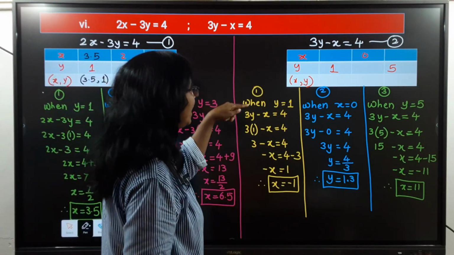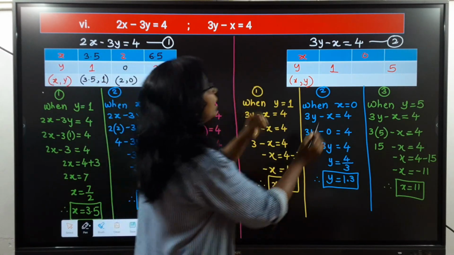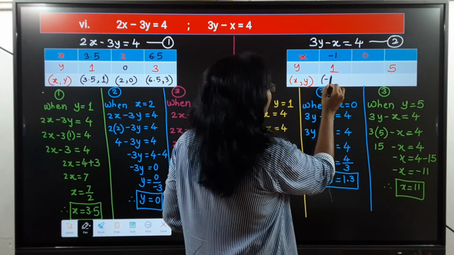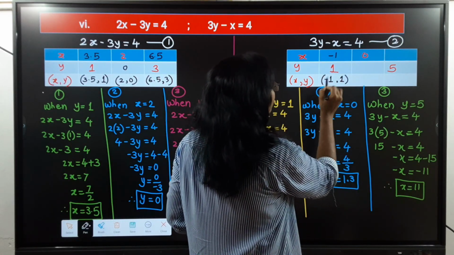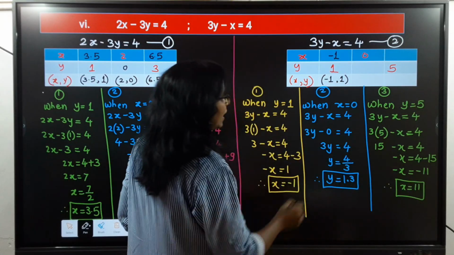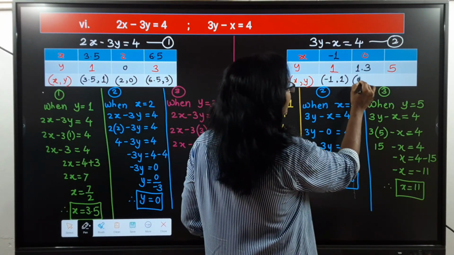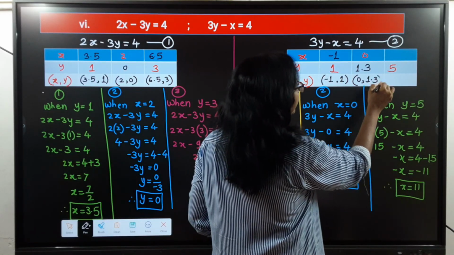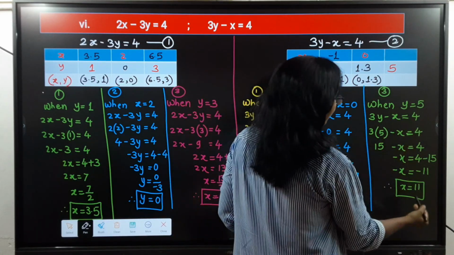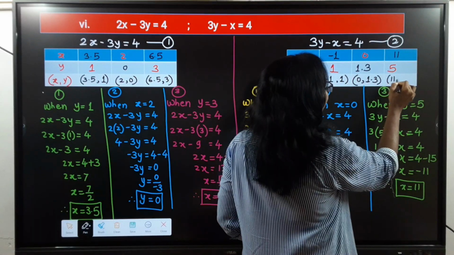Then students, when y is equal to 1, x is equal to minus 1. Coordinates are minus 1, 1. Then when x is equal to 0, y is equal to 1.3. So the coordinates are 0, 1.3. And then when y is equal to 5, x is equal to 11. Then coordinates are 11, 5.